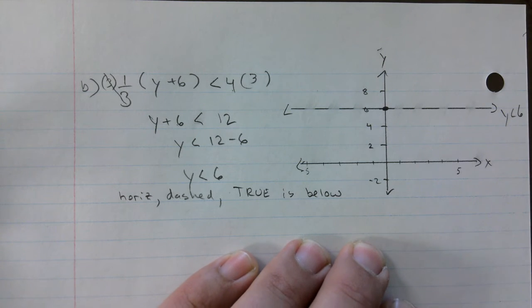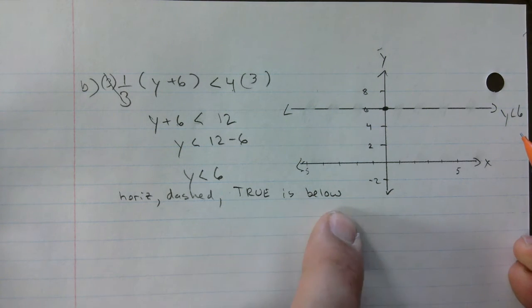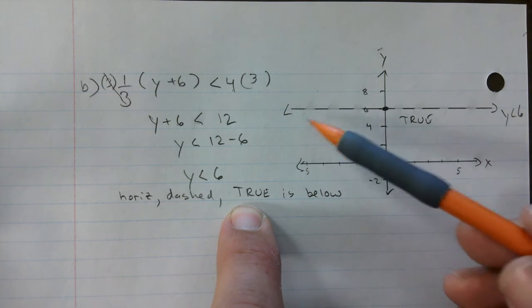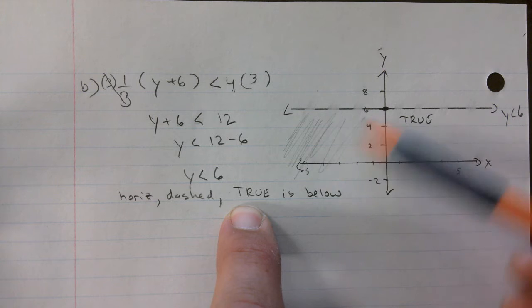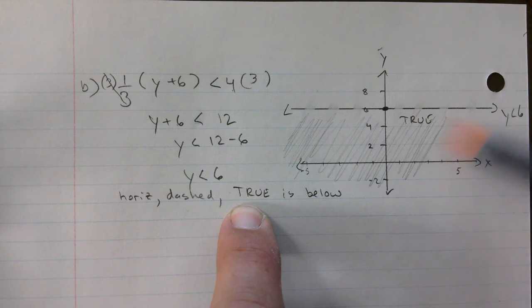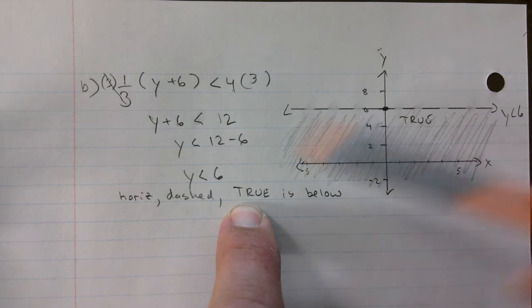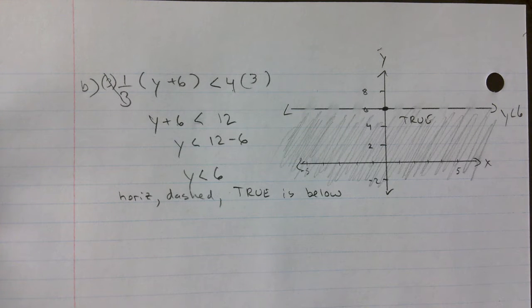Now it's dashed, right? So there you have it. True happens to be below again. And we shade, and it's everything below that line that would make it true. Okay.